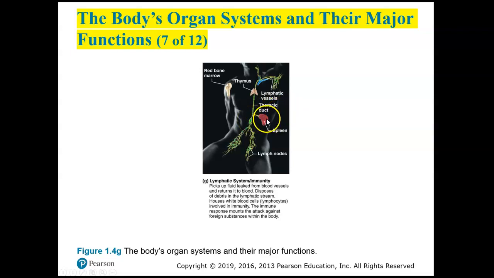The spleen and lymph nodes. So the function is to pick up fluid leaked from blood vessels and return it to the blood, and dispose of debris. It houses the white blood cells called lymphocytes. And then the immune system and the lymphatic system are all tied in together.